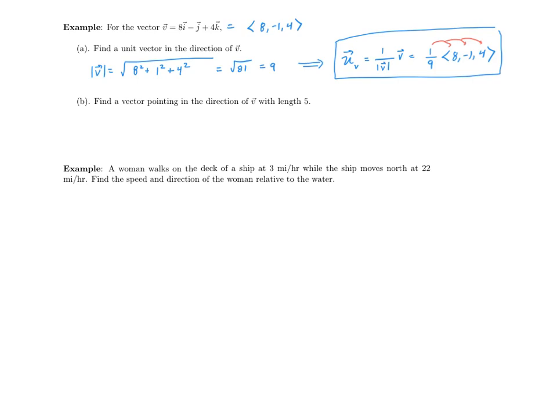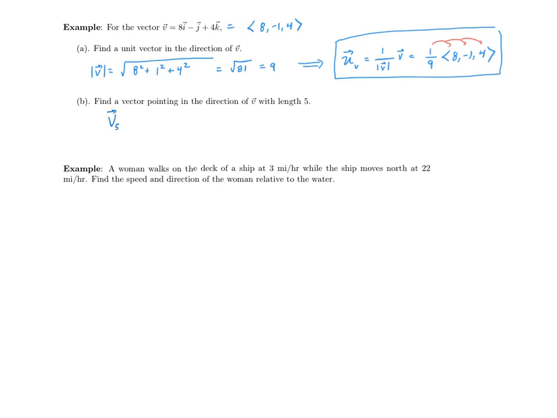And let's take it one more step further. Now that we have this unit vector in the direction of v, let's also find a vector in that direction with length 5. And remember, if we know the direction, we could simply multiply that unit vector by the proper constant to give it its length. So in this case, that vector going in the same direction as v with length 5, I'm going to call that v sub 5.